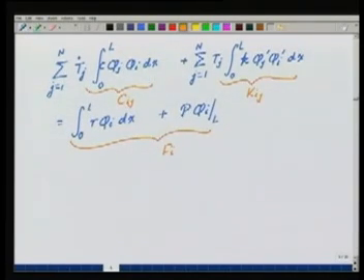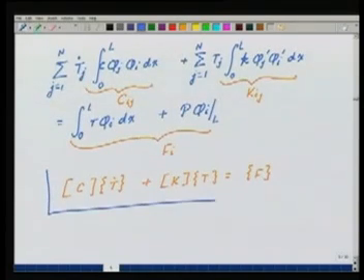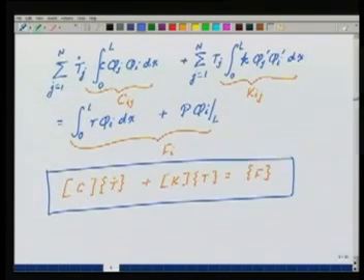Then I can rewrite this problem in the following form: C into T dot, where the vector T dot contains the components T1, T2, T3, T4, plus K into the vector T is equal to the vector F. This is the matrix form of this problem.